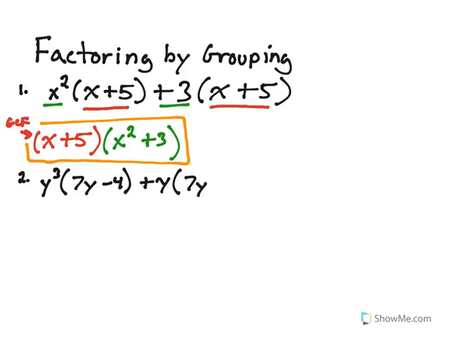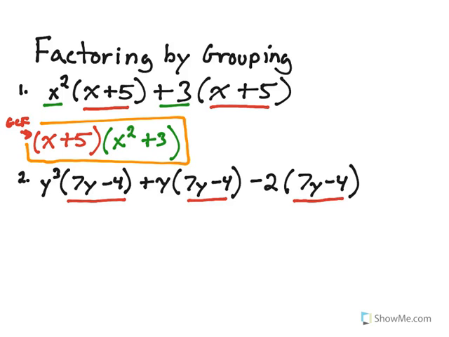Here is another example that has been partially factored. Notice what's common in all three terms? We have 7y minus 4, 7y minus 4, 7y minus 4. So we're going to take that 7y minus 4 and factor it out. What's left behind is y cubed plus y minus 2.